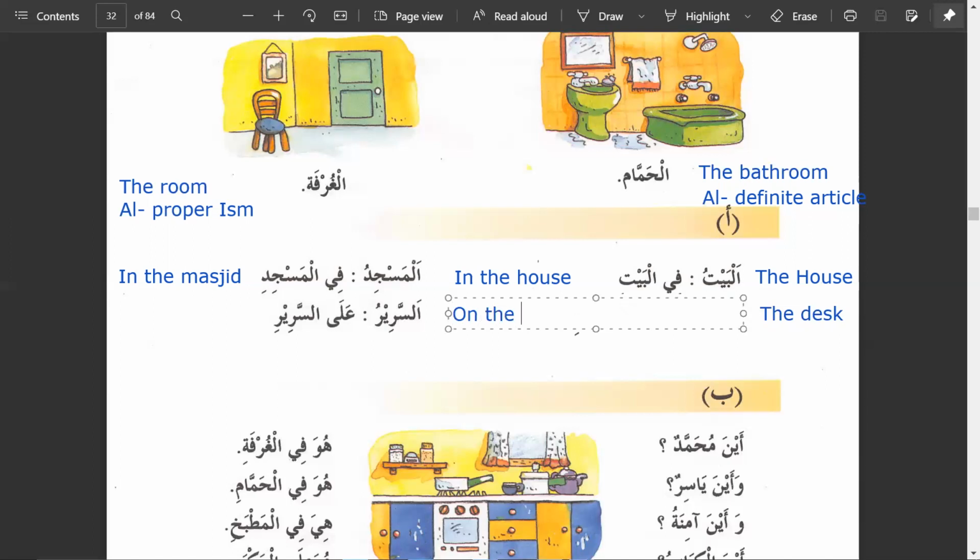Then al-sariru is the bed. Ala al-sariri: on the bed.